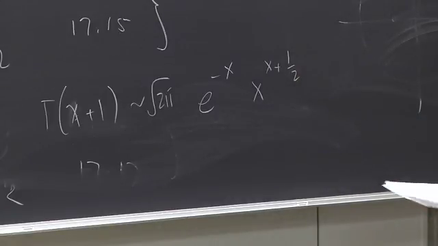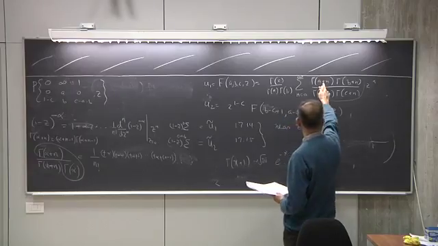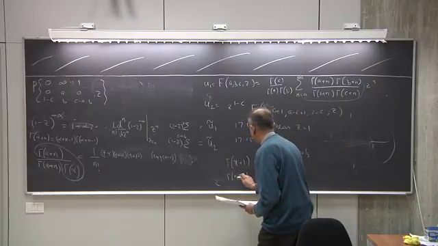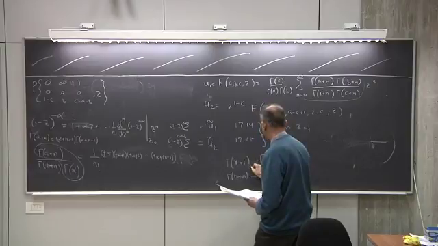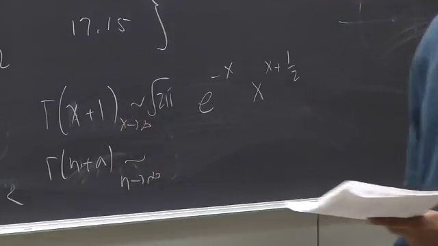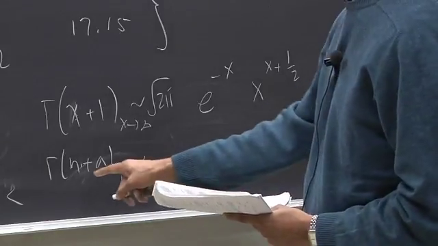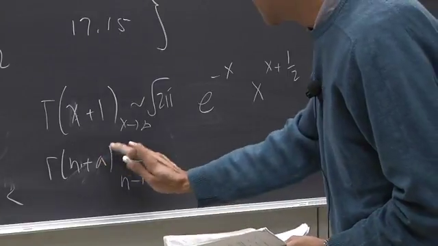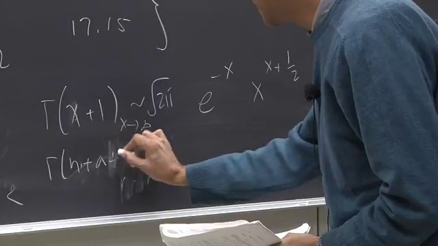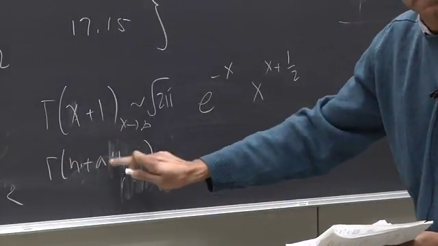Okay. So suppose I want to compute something like gamma of n plus a in the large n behavior. So this is x goes to infinity, right? Here I want to look at the n going to infinity limit. Well, you can just add and subtract, minus 1 and plus 1. So take x to be that and substitute.